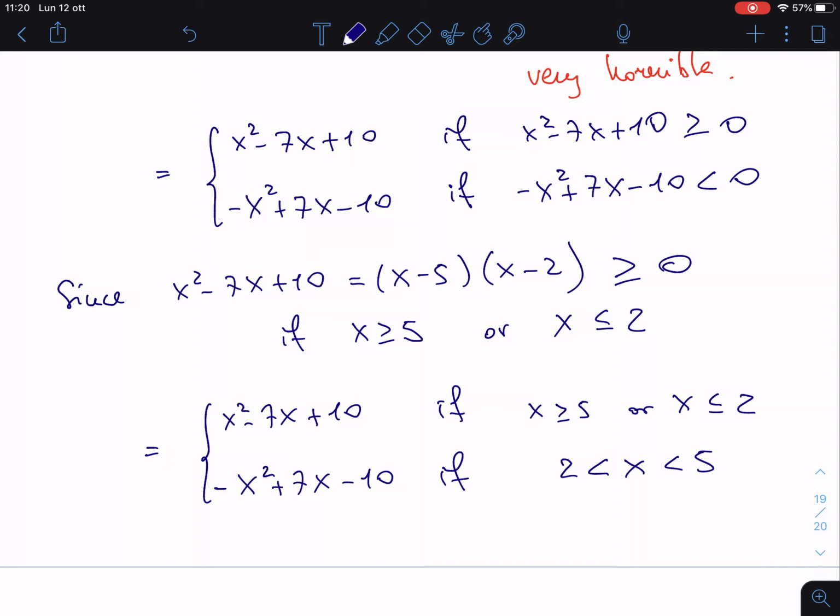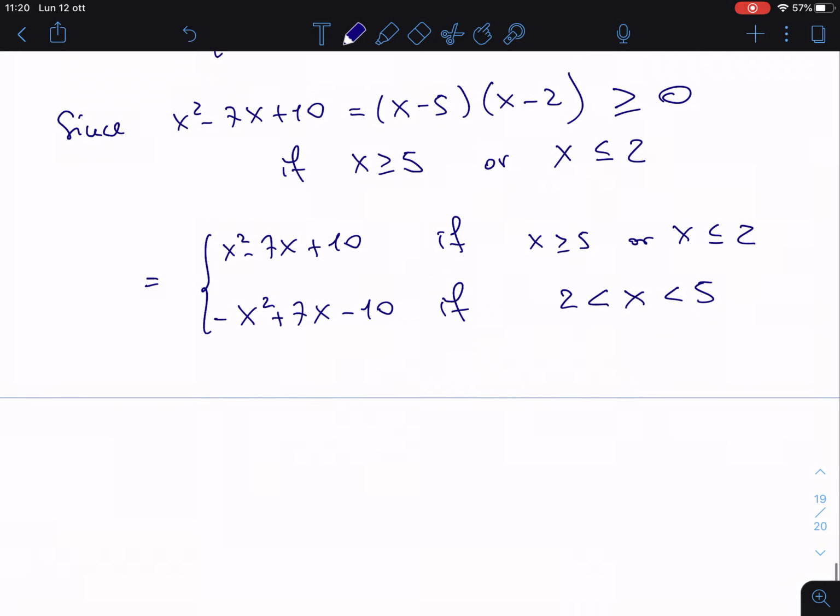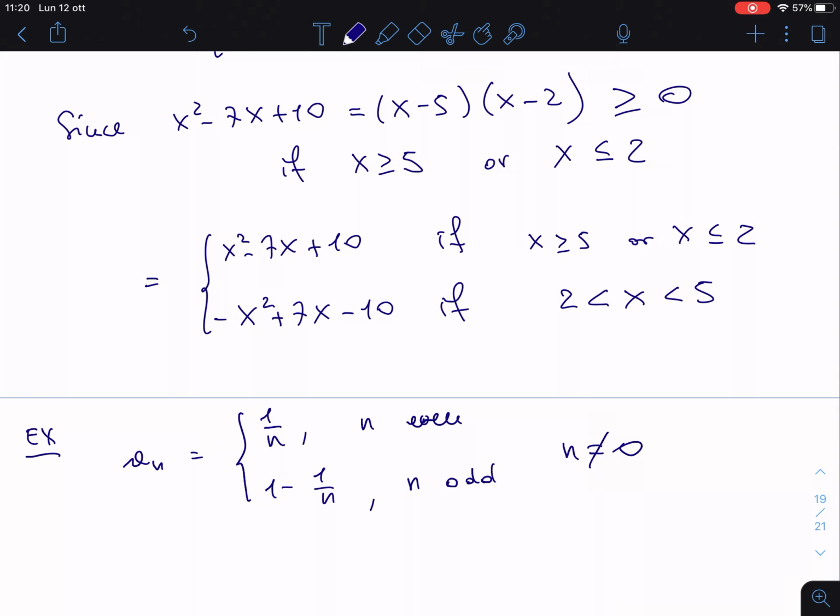So now let us go for the last minutes to a very simple proof about sequences. And consider this example where you have a_n equal to 1 over n if n is even, and 1 minus 1 over n if n is odd. Of course, for n different from 0.